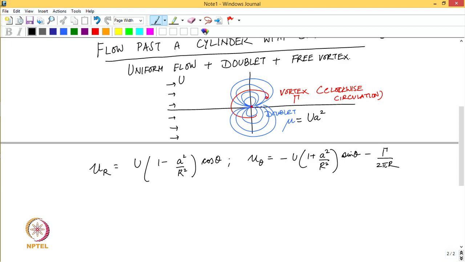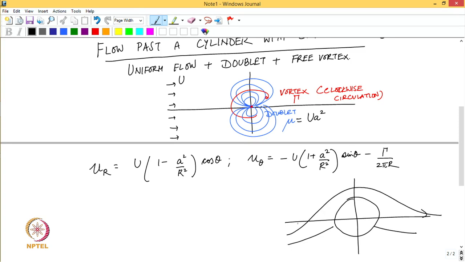In general, recall that the flow field looks something of this type, that we have stagnation point, okay, where the flow happens in this fashion. But what I am saying is that the flow field, the velocity vector around the cylinder can be given by these components u_r and u_theta.